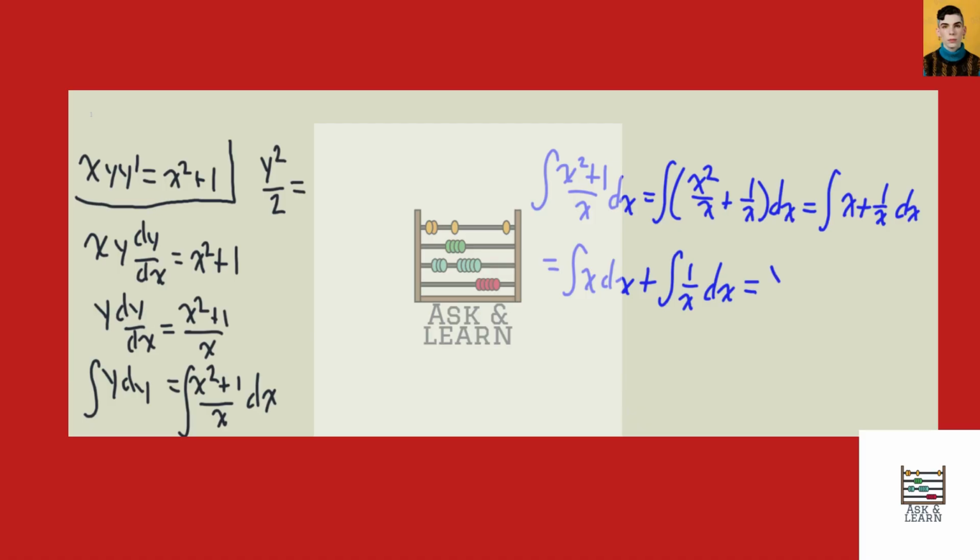The integral of x dx is just x squared over 2. The integral of 1 over x is the natural logarithm of the absolute value of x. And now we're finally going to add a constant.